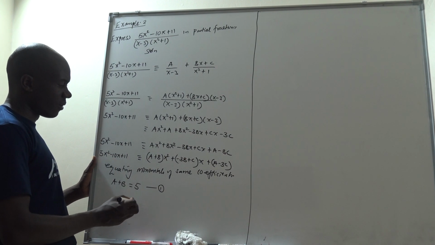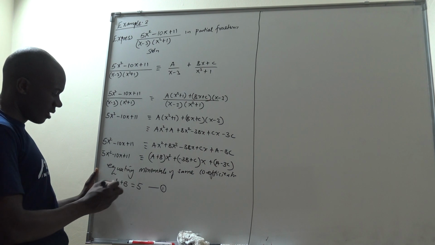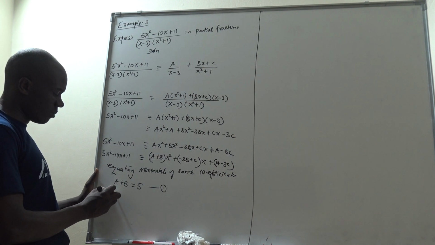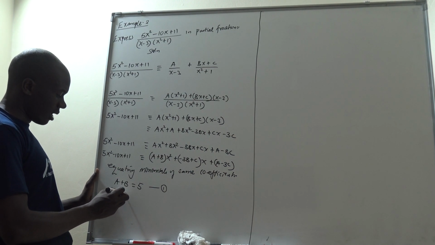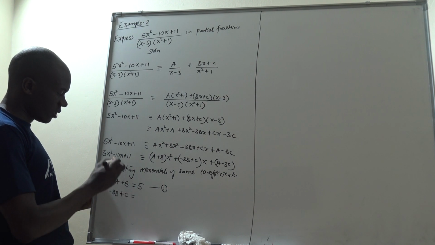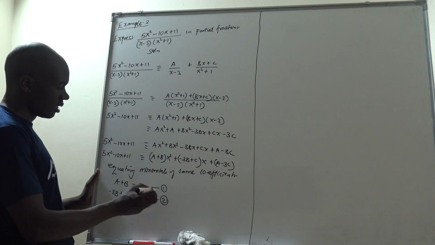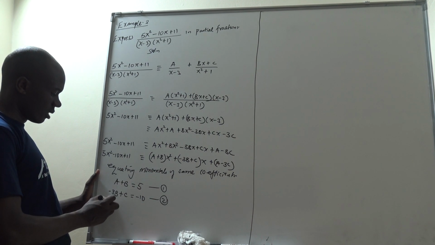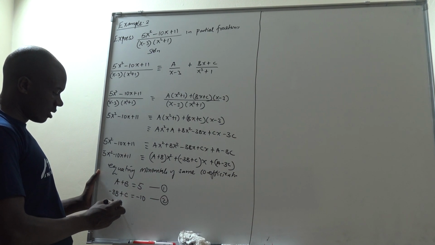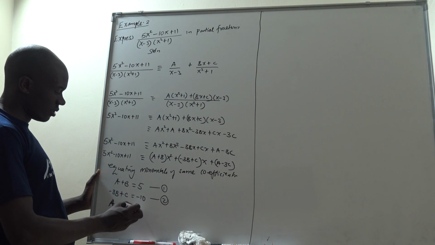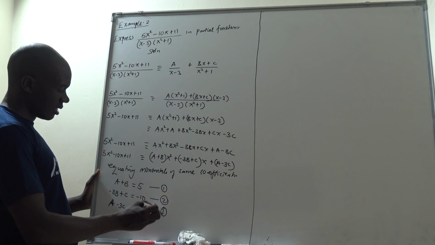I say this is the first. We got those ones of x, we have got −3B + C = −10. This is the second. Then another one is A − 3C = 11. This is the third.